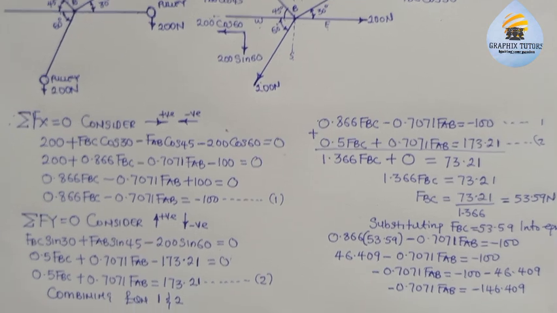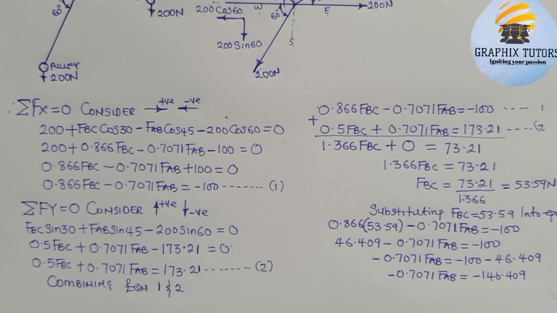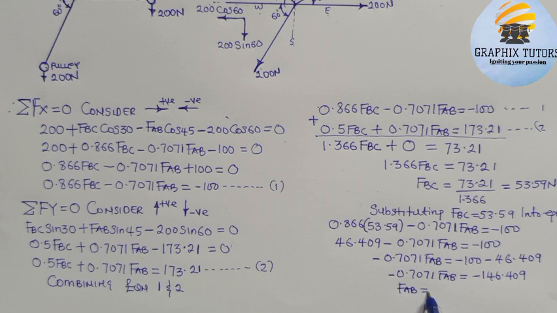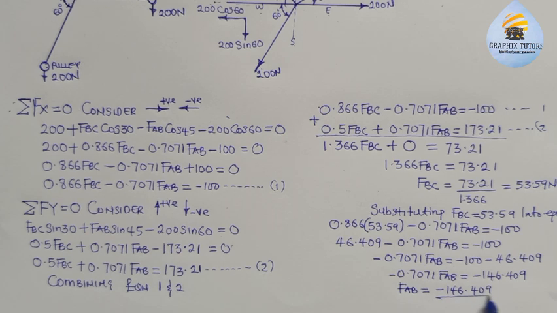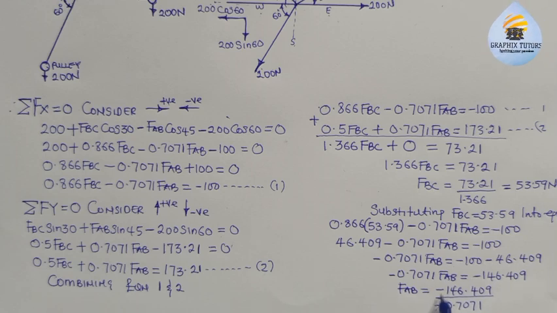So moving forward, if you divide both sides by minus 0.7071, the FAB will now be equals to minus 146.409, all divided by minus 0.7071. So this will equate this.